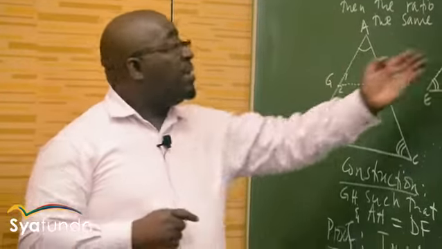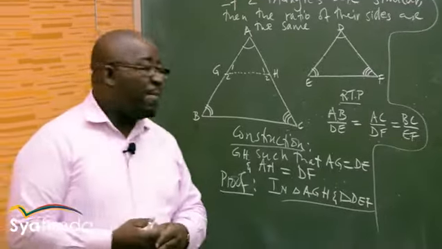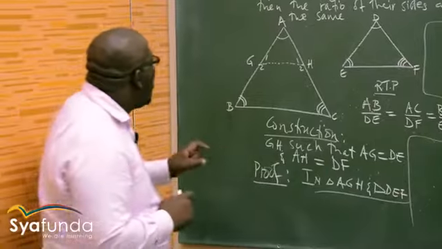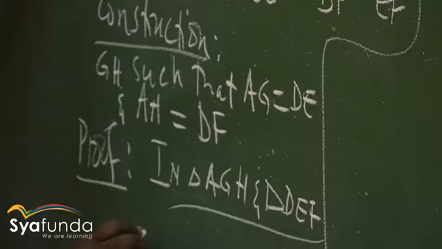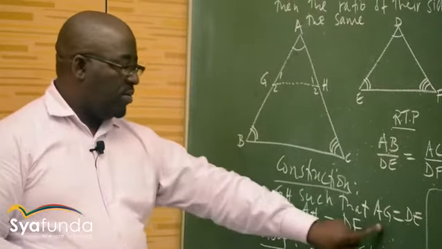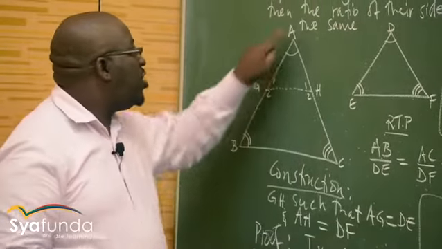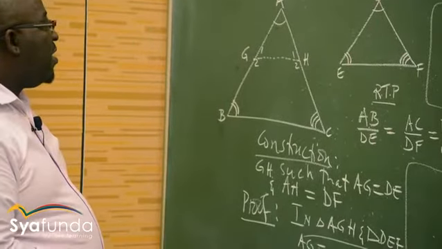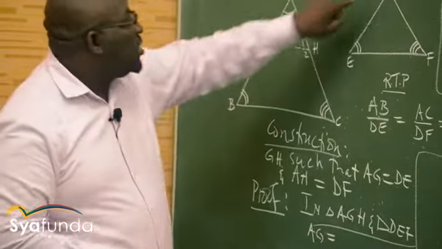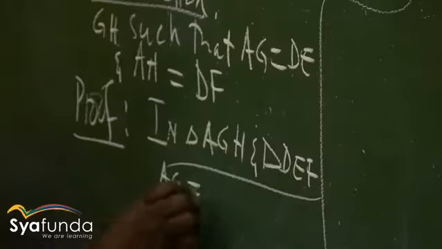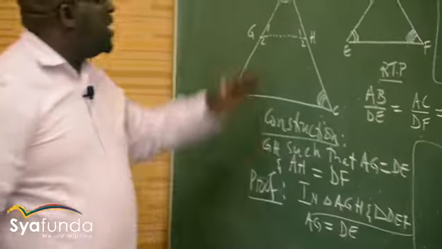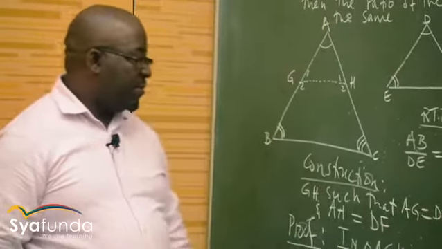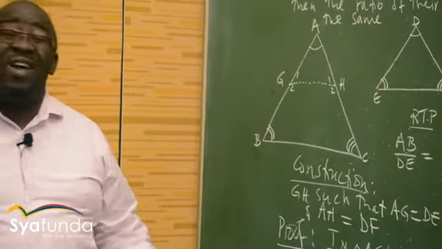Looking at the triangles, there are things that are the same here. Yes, we know that AG is equal to DE. Yes, one side equals the other side. There must be a reason for every statement.